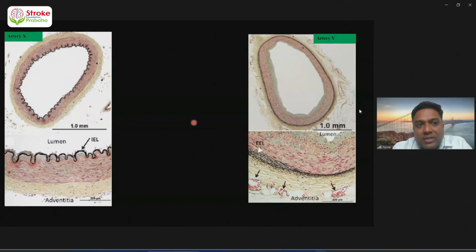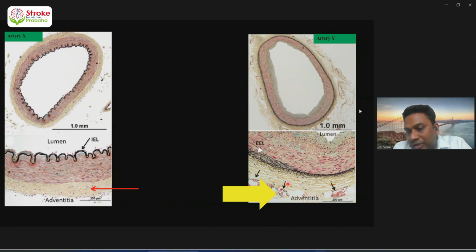If you look at this artery on the left-hand side, you see the internal elastic lamina is very well developed in artery X. But when you look at artery Y, there's no internal elastic lamina at all. And the external elastic lamina is absent in artery X, but very well seen in artery Y. And there is no vasa vasorum in the adventitia in artery X, but here there is vasa vasorum.